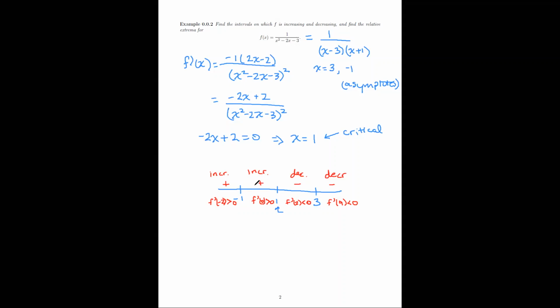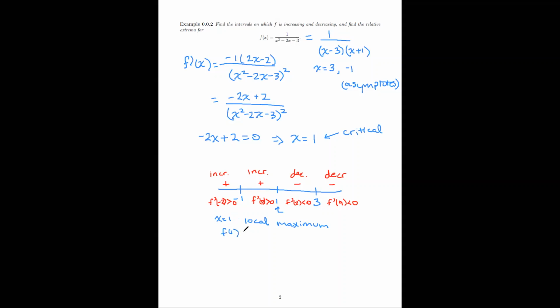We're increasing before that point, and then we're decreasing, so this is going to be a maximum. So x equals 1 itself, sorry, is not a local maximum, but f of 1 is a local maximum.